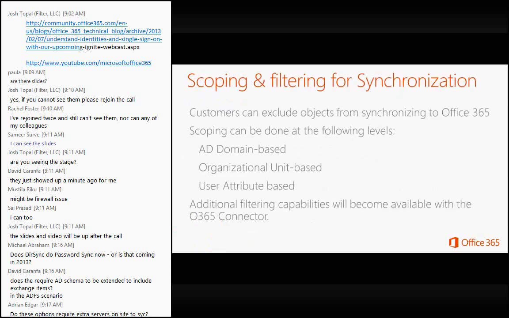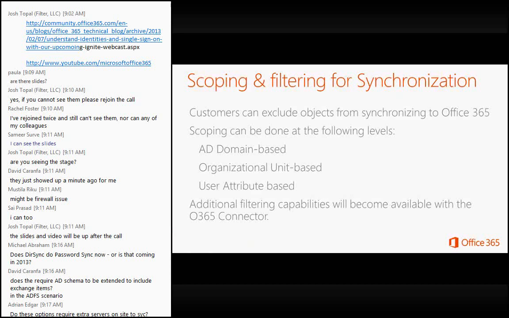We've also got some scoping and filtering options that you can now do with directory sync. This was fairly recently supported, I can't remember the exact dates, but a good 6 months or so ago. Essentially you can now exclude objects from synchronizing up to Office 365, and you can manage these through the properties of the Source AD management agent.